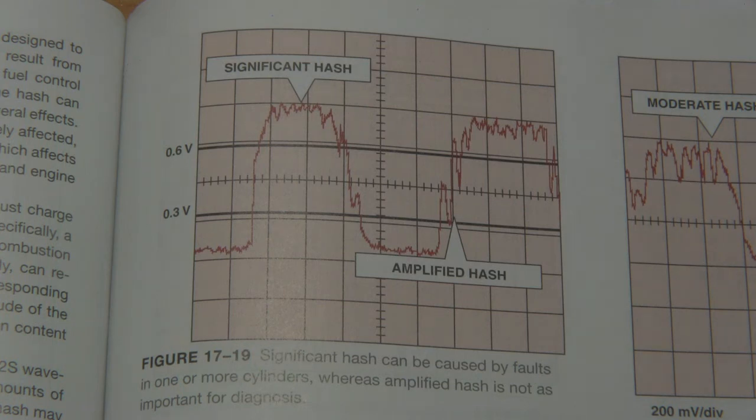So when we look at diagnosing lean misfires, we need to think about whether this is a cylinder-related issue, a bank-related issue, or an entire engine-related issue. This is where the value of understanding how individual components affect the engine as a whole when they fail comes in.